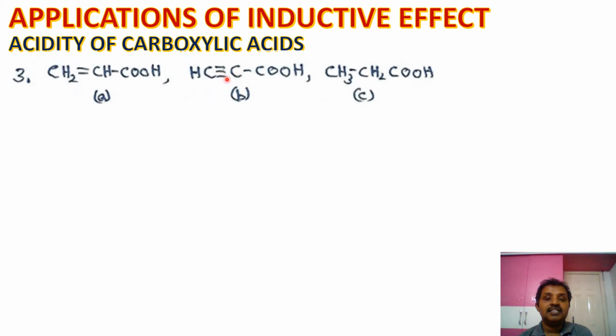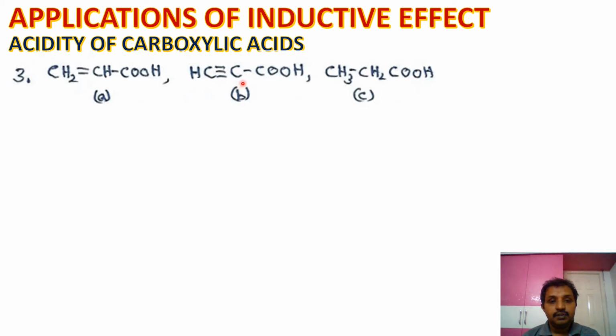As this carbon is sp hybridized, the S character is increased. As the percentage of S character increases, the electronegativity of the carbon increases. As the electronegativity increases, the electron withdrawing group becomes stronger and the acidic nature increases.